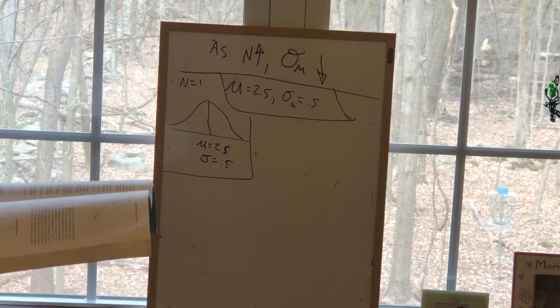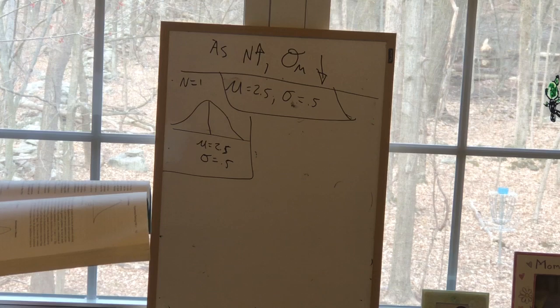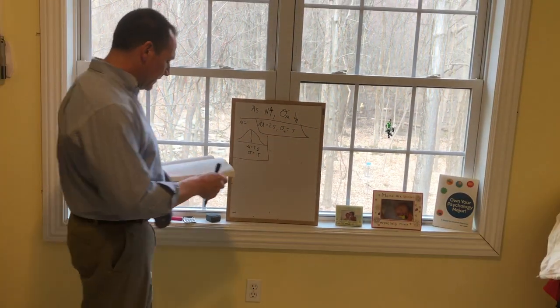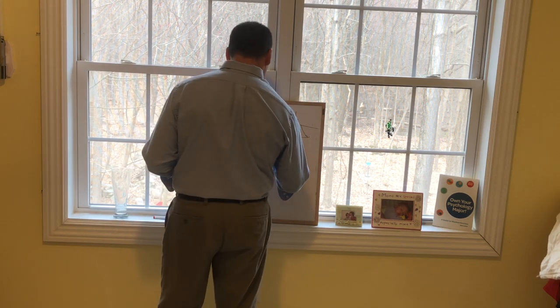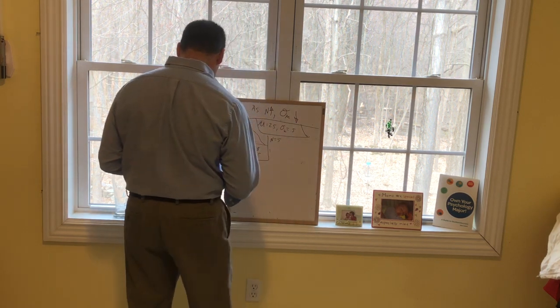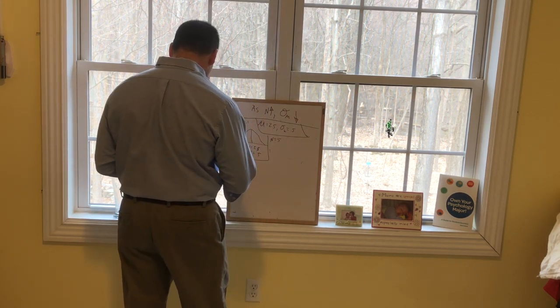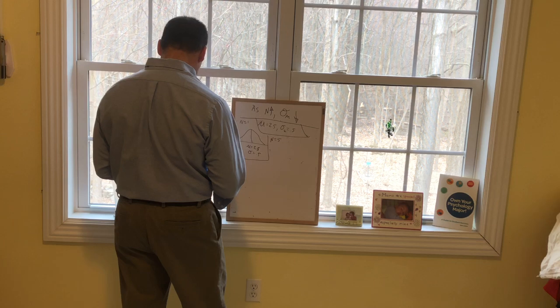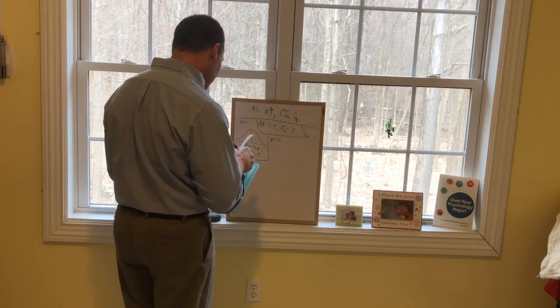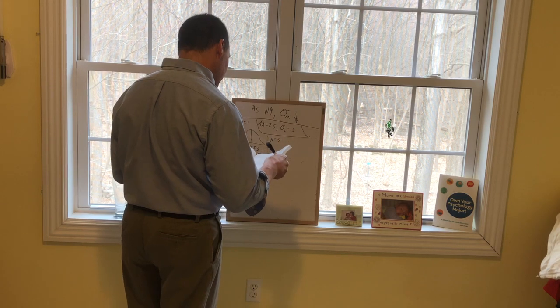That's what we were doing in Chapter 7. But here's something that happens as n increases. I'm going to give you n equals 5. I'm going to give you a little bit of a formula here, and you'll see how it makes sense.